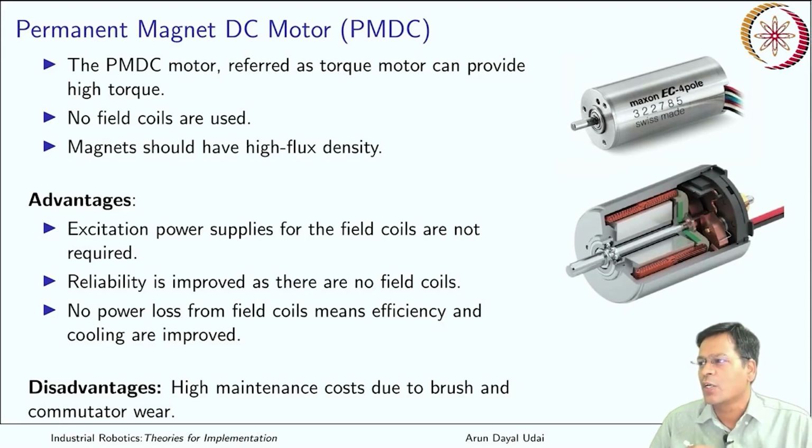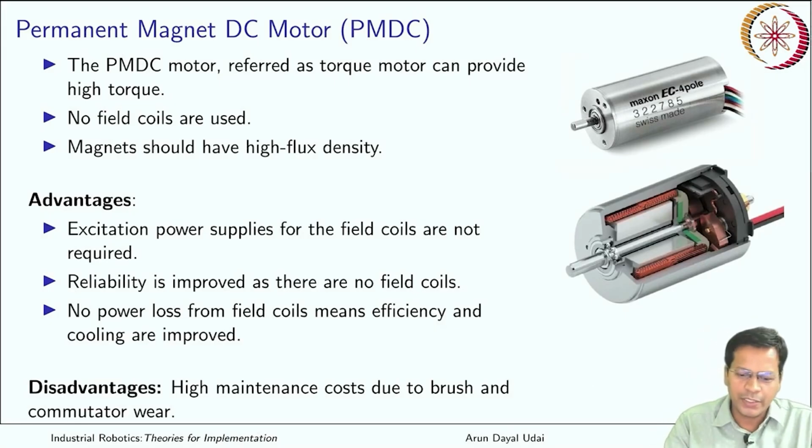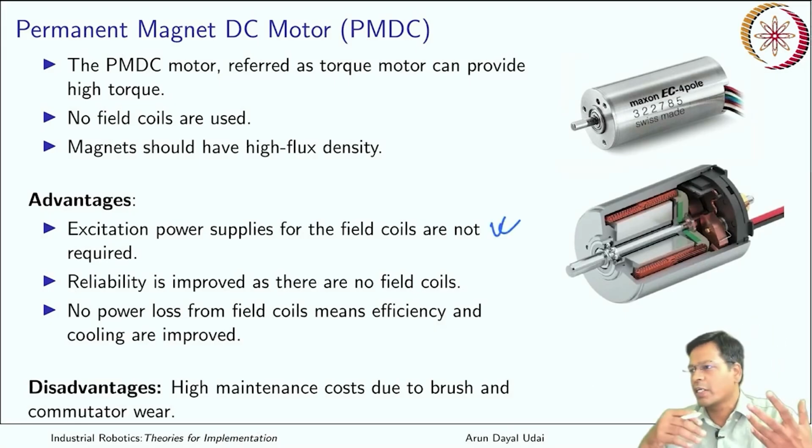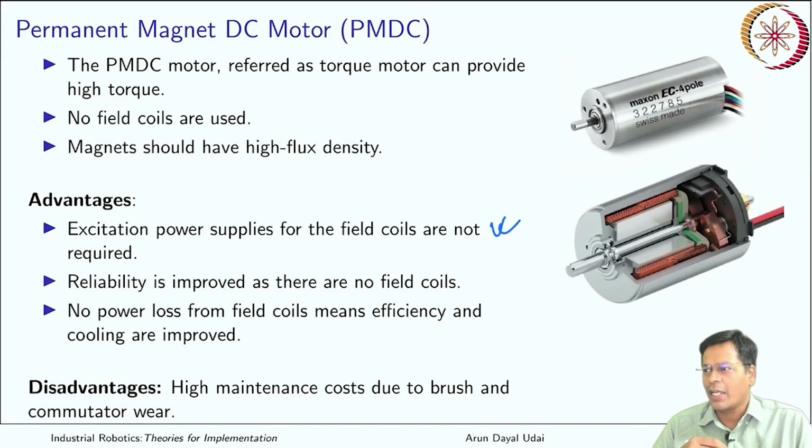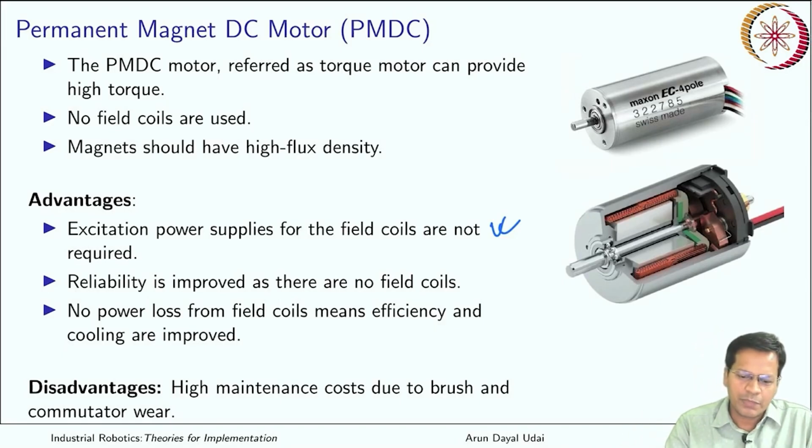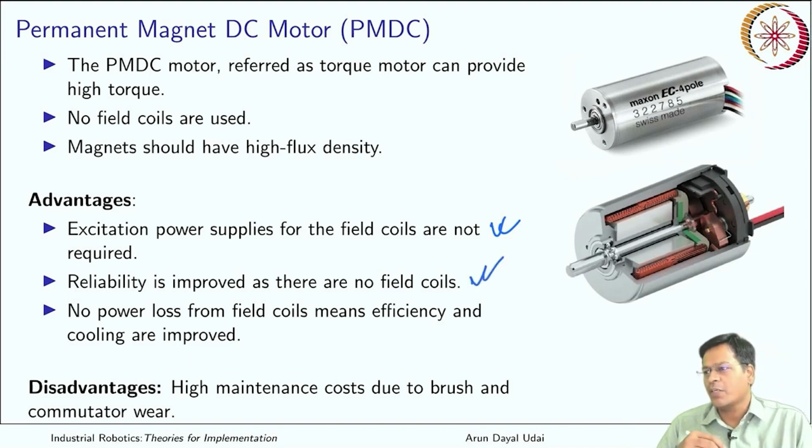Excitation power supplies for the field coils are not required, so it doesn't draw your energy over there. Reliability is improved as there is no field coil and fewer parts, so that cannot go wrong. So that is permanently there, right? And power loss from the field coils is eliminated, so efficiency and cooling are improved, and it doesn't need further cooling of the field coils.